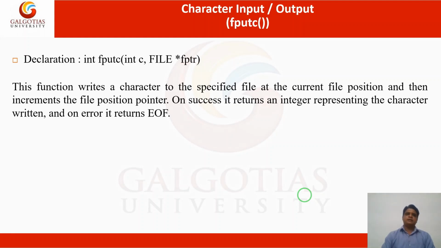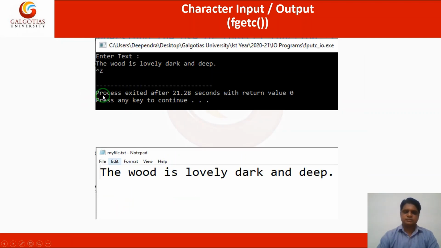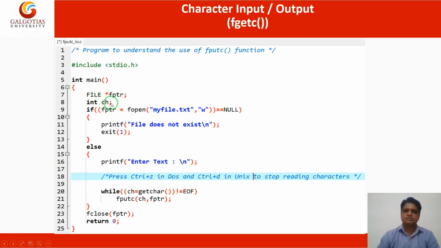The declaration is int fputc(int c, FILE *fptr). Why is it int c? The value will go in ASCII format. Now see here, in this example I have a file pointer fptr and a character int ch. fptr equal to fopen myfile.txt, and the mode is the write mode.